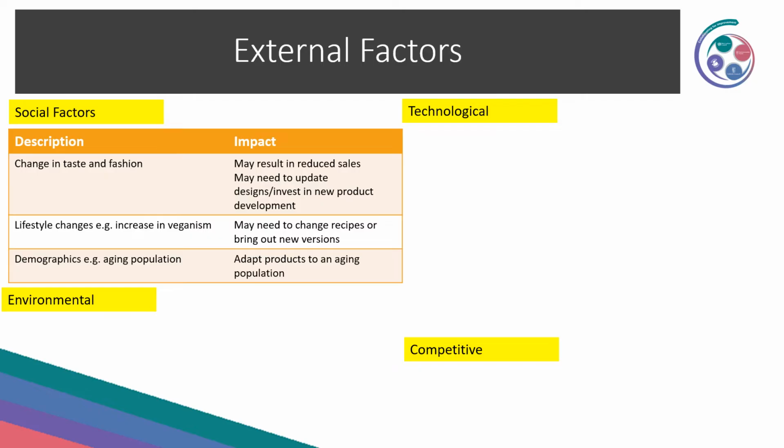They have really expanded their meat-free vegan range, and what that has done is boosted sales and got new customers into the shop that maybe wouldn't have shopped in that place before. The other thing to consider would be demographics, and a good example of that would be the aging population. So again, you've got to tailor your products to an aging population.